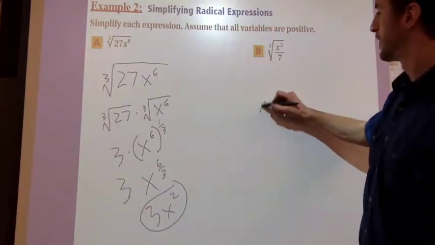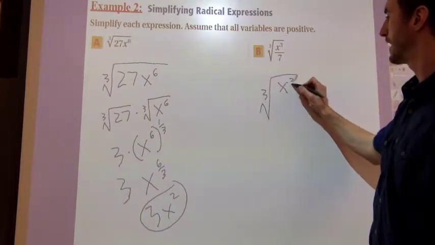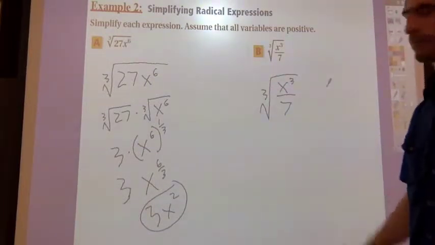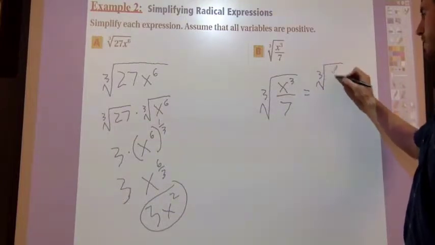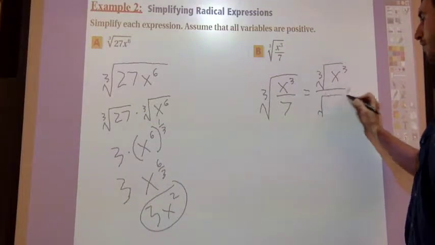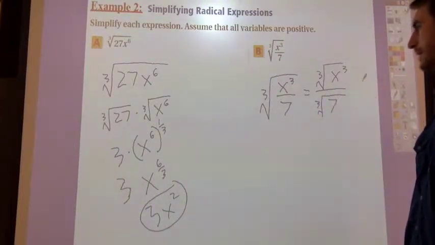Okay, this one, we've got the third root of x to the 3rd over 7. So I'm going to do the same thing. I'm going to break it into two roots. So we've got the third root of x to the 3rd over the third root of 7. Okay?